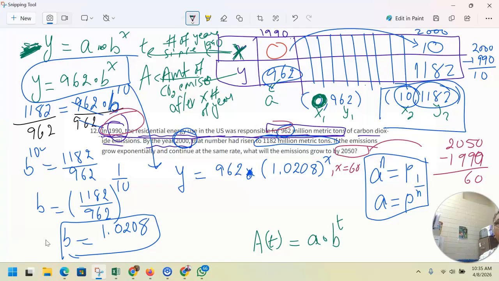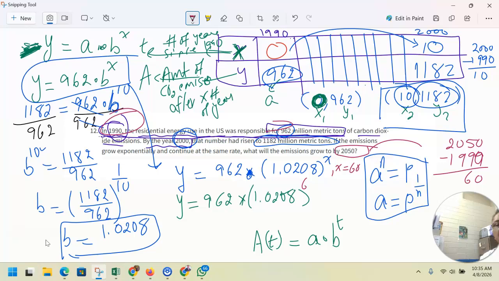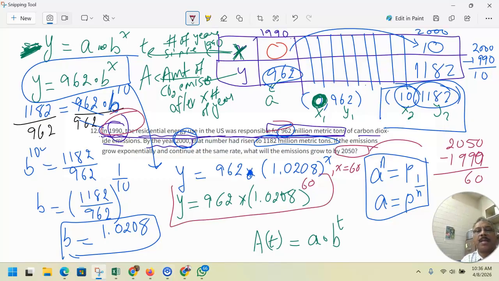So your equation becomes Y equals 962 times 1.0208 raised to the power 60. Let's put this on the calculator.